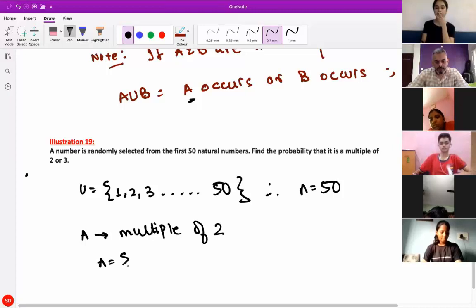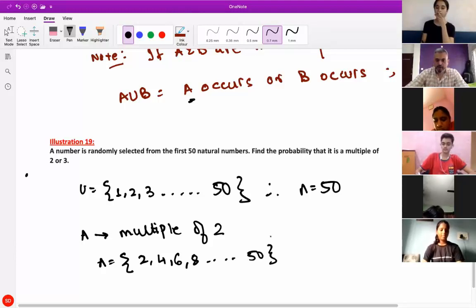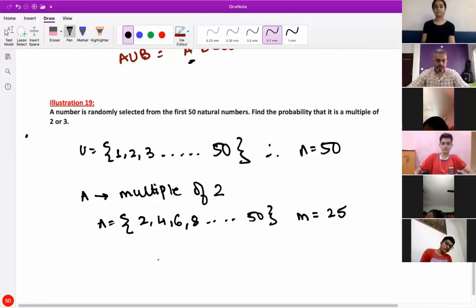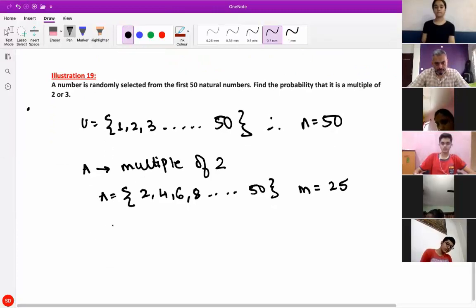So A is equal to 2, 4, 6, 8, it goes up to 50. So how many numbers? So m is equal to 50 divided by 2, which is 25. So probability of A is equal to m upon n, which is equal to 25 upon 50. We can write 1 by 2 also.